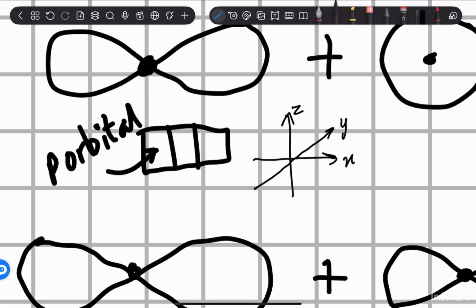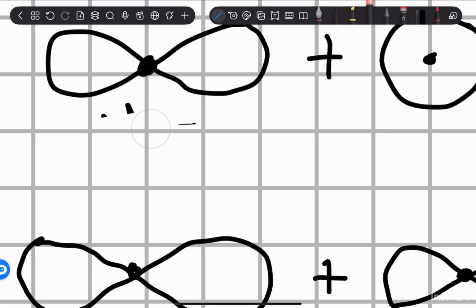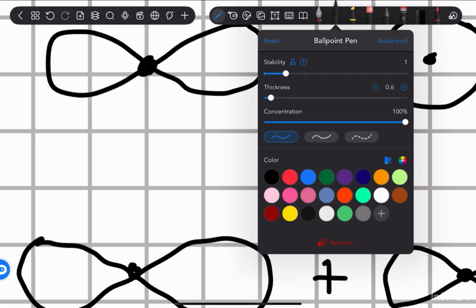Each of these three p orbitals lies on one of these lines. There's a px that lies on the x-axis, a py that strictly lies on the y-axis, and a pz that lies on the z-axis. It looks like a jumbled mess, but essentially that's what this is, which is why we can have these different p orbitals interacting in the way that they're often seen to interact.